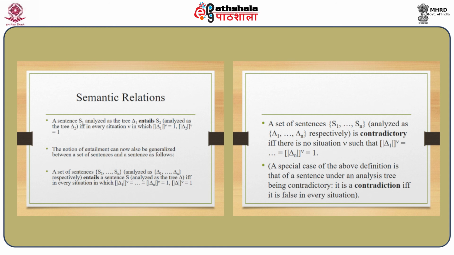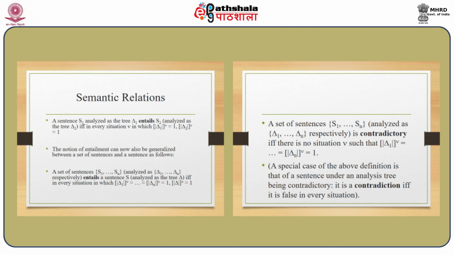Basically, we say that a sentence S1 analyzed as a syntactic tree delta 1 entails another sentence S2 analyzed as a syntactic tree delta 2 if and only if every circumstance in which delta 1 gets the value 1, delta 2 also gets the value true.